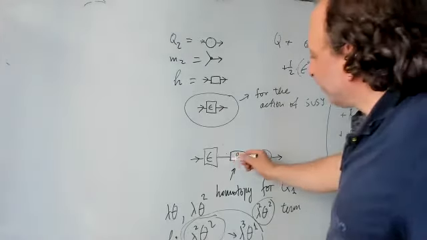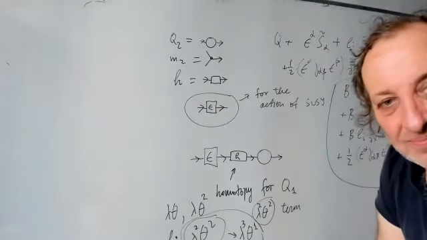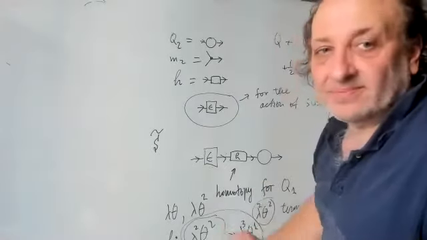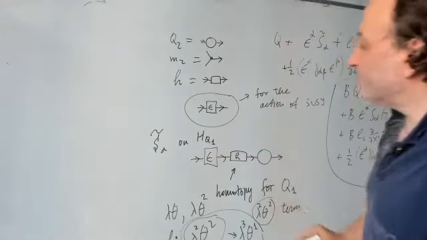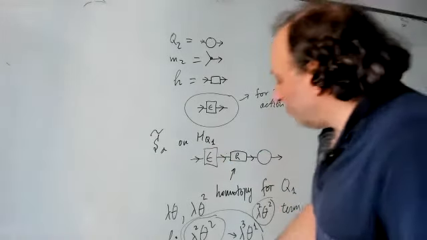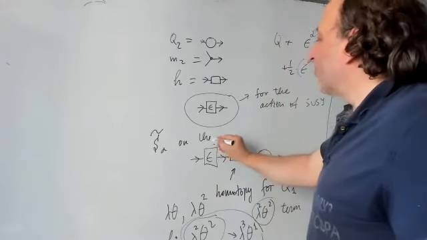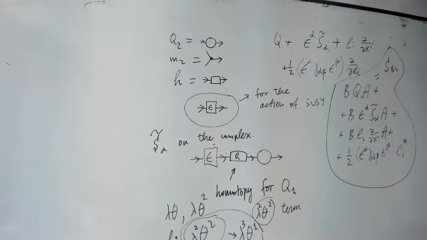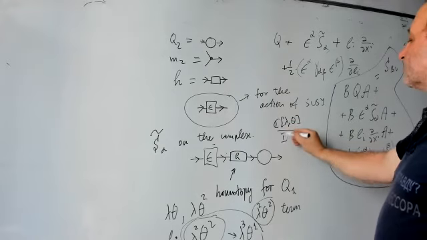So epsilon here is the action of S tilde alpha on cohomology of Q1. Sorry, it's on the complex, not on cohomology. On the complex. Oh, so it's not that quadratic term in epsilons.